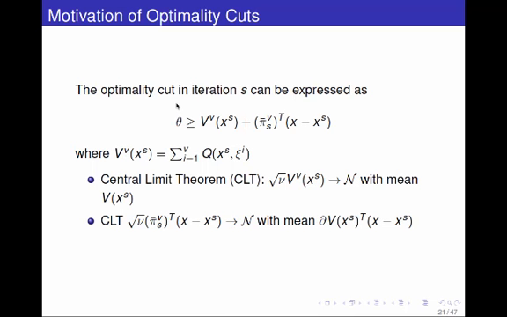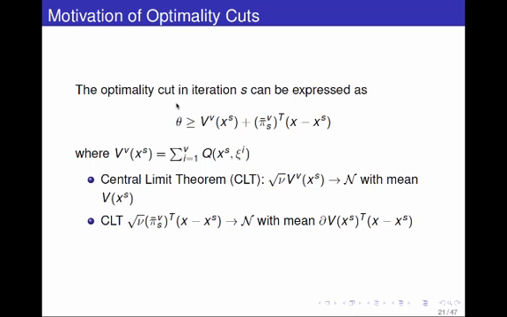Okay, so the central limit theorem says this term, if I increase asymptotically the number of samples, will converge to the true value function at xs. So we get this result here, and from the previous slide I showed you this thing, which is the subgradient of the Q function for a given scenario.